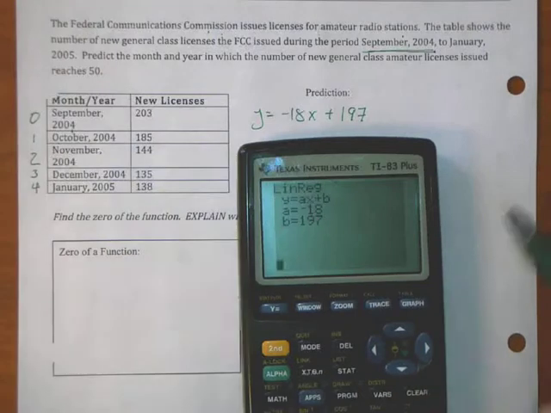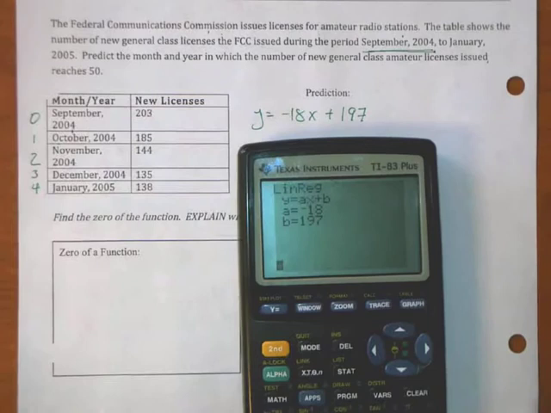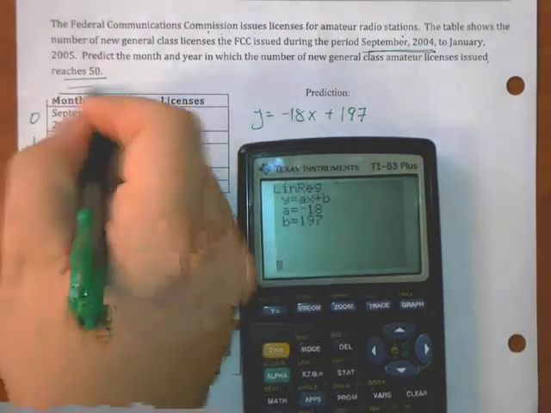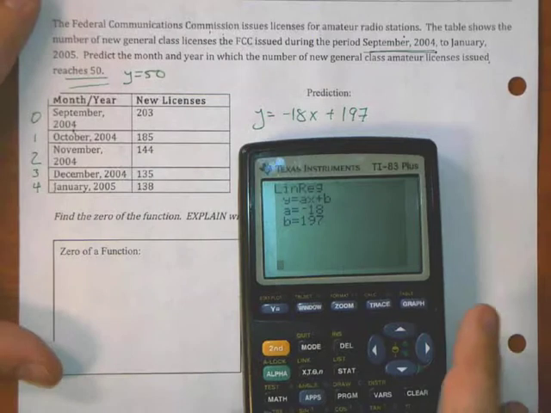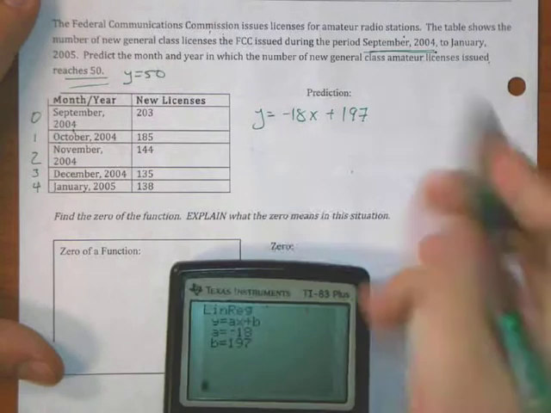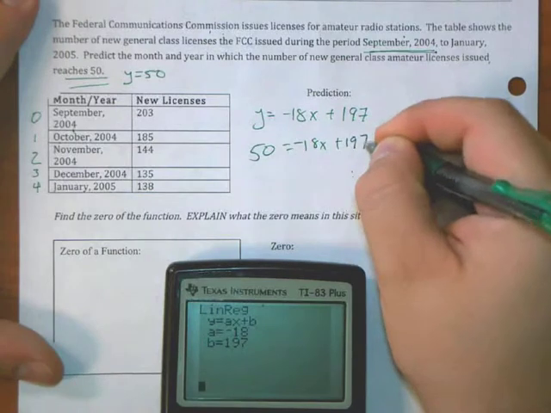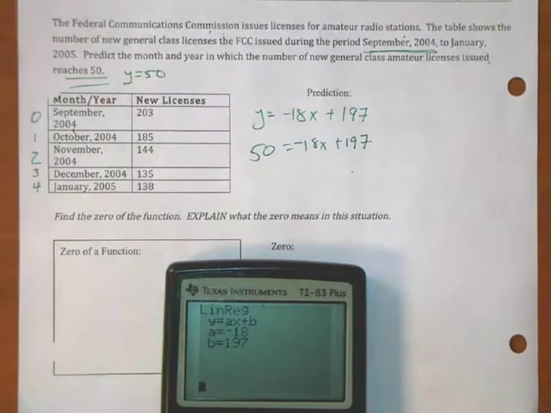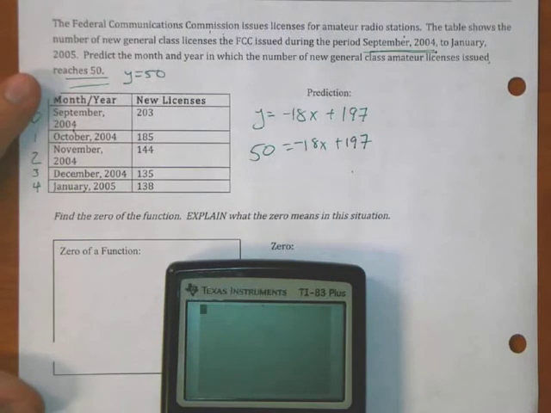So, it says predict the month and year in which the licenses reach 50. So, what value do I want to be 50? Y. The licenses reach 50 when y equals 50. So let's figure out which x makes y 50. Let's plug in 50 for y and solve for x.